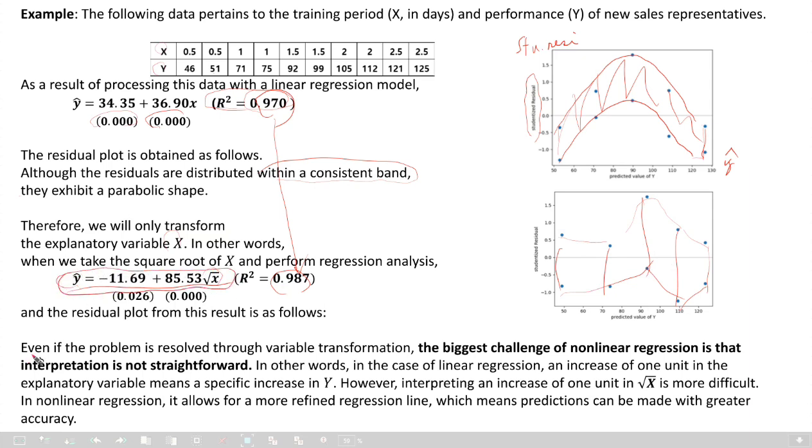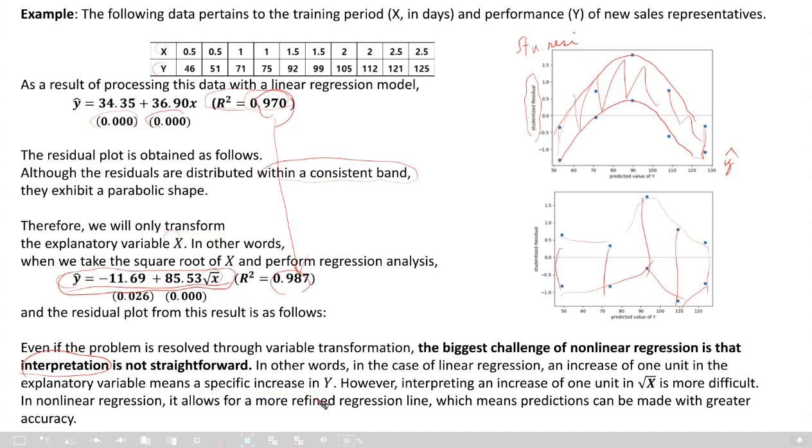Okay? Even though the problem is resolved through variable transformation, the biggest challenge of nonlinear regression is that interpretation is not straightforward. Interpretation problem. In the case of linear regression, an increase of 1 unit in x means a specific increase in y.